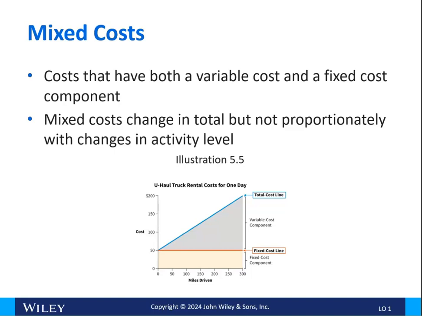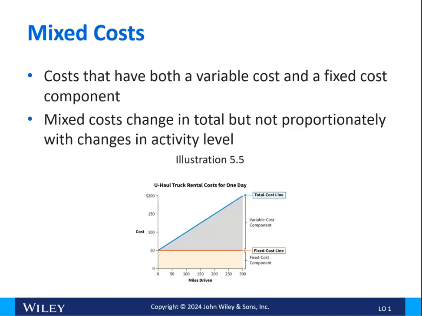Mixed costs. These are costs that have both a variable cost and a fixed cost component. Mixed costs change in total, but not proportionally with changes in activity level. So here we have an example, U-Haul truck rental costs for 1 day. There's a fixed cost component down at $50 there. So no matter how many miles you drive, it's going to be $50.